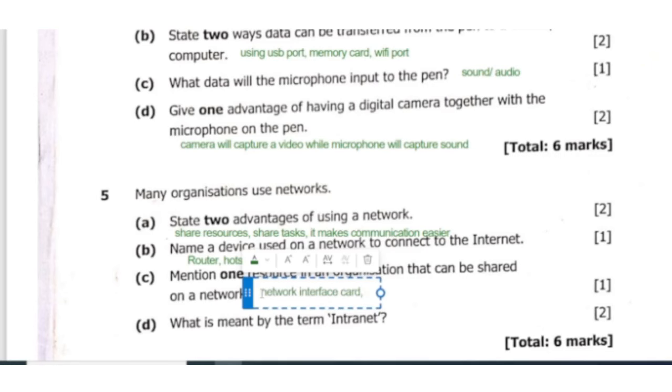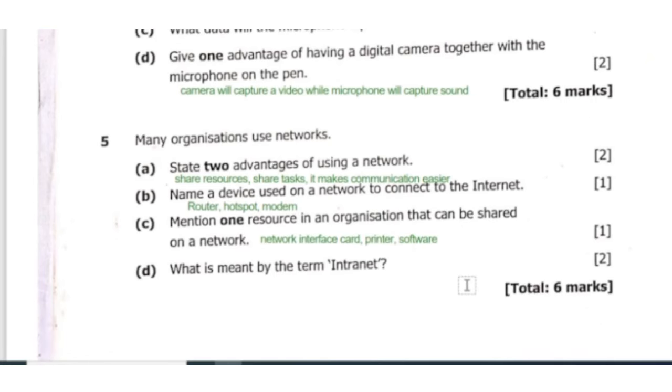The other one is we can also share the printer. The other one is you can also share the software you're using. So basically I've given you three, and you can mention one of those three things. Then we come to question D of 5.